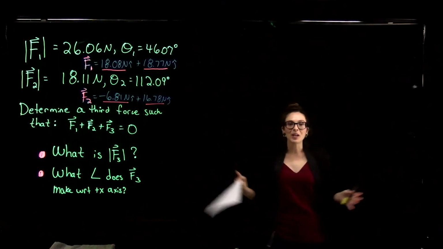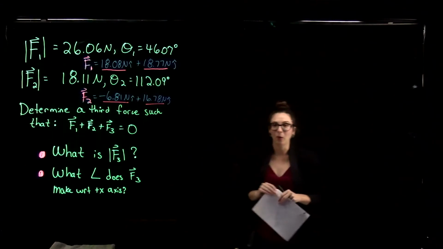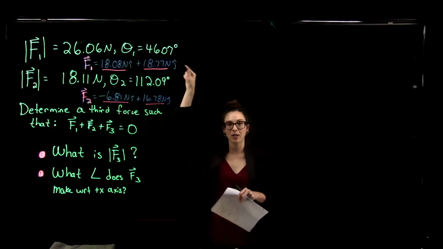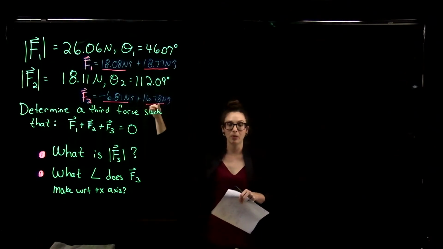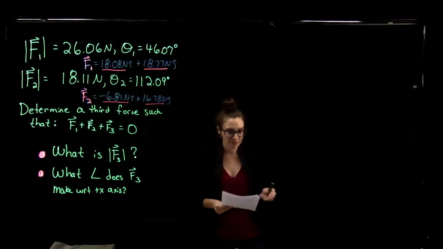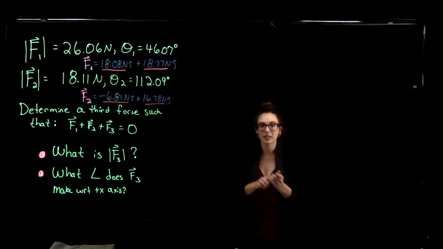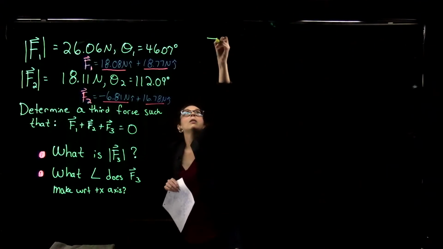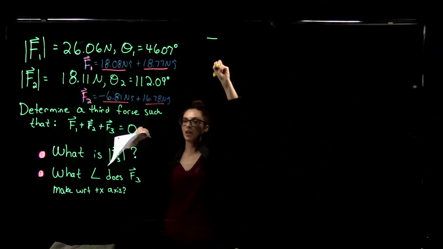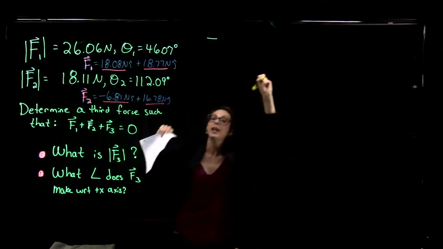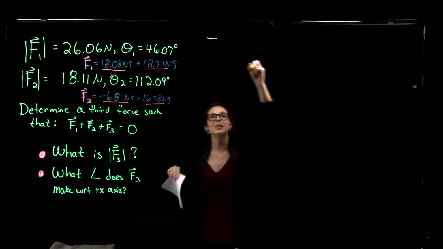So I erased this whole side of the board. We can have more room now. We already found vectors F1 and F2 in vector notation form, so we've got the x and y components for both of them. Now we need to figure out what F3 is. To do that, we're going to use the same method as the previous problem, where we know that if all these vectors have to add up to equal 0, then the x components have to add up to equal 0, and the y components have to add up to equal 0.